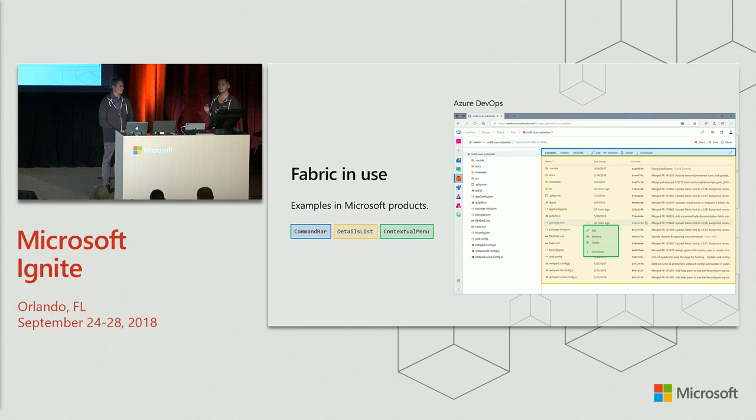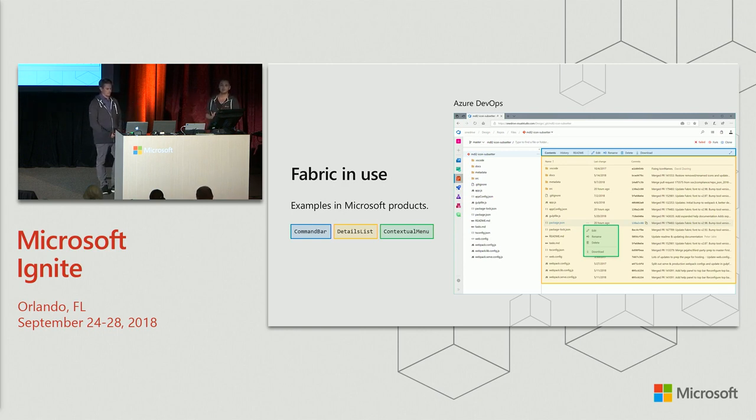Now, one cool point that I really want to call out when looking at DevOps here is that not only does Fabric help us within the company ensure that we look and feel consistent and are setting the same expectations, sharing code and design assets helps us work together in ways that in the past we might not have as closely, and so we're encountering the same problems and fixing them all the same.